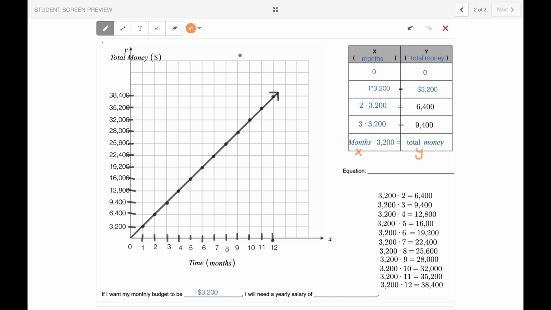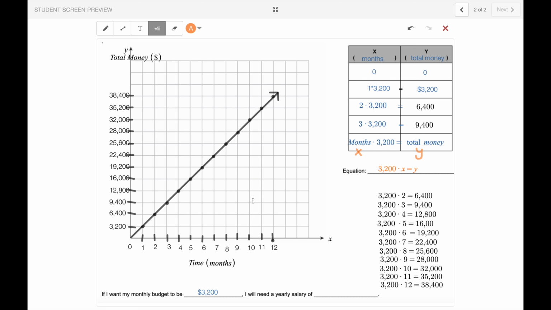Y. So we can rewrite this equation to be 3,200 times x is equal to y. Boom. You just wrote your first equation. Congrats. Again, the equation is really just another way to show the same things. Show this graph, show what we were multiplying, showing what's on this table. All of these are just different ways to represent the same amounts.